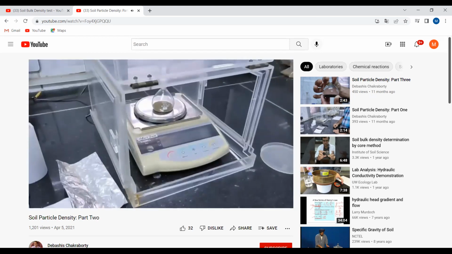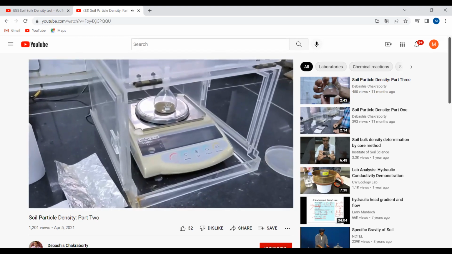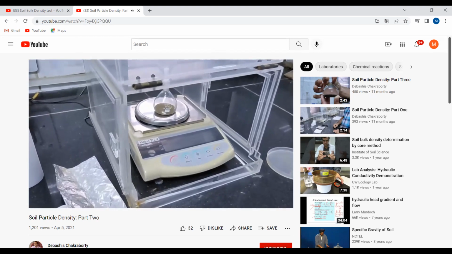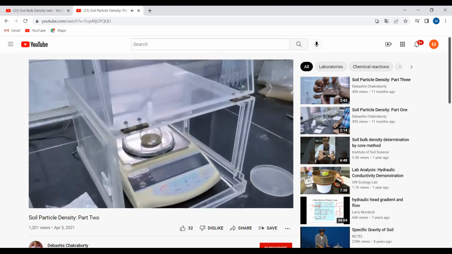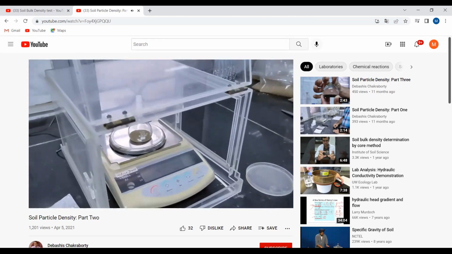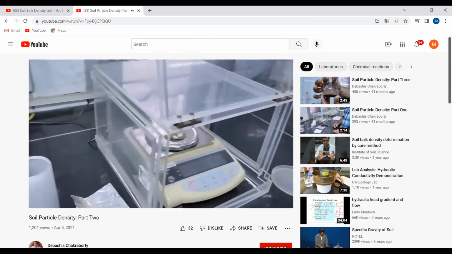So if we take this weight and subtract the empty pycnometer from the pycnometer plus soil, you will get the soil weight, and that will be the exact soil weight which is remaining in the pycnometer.